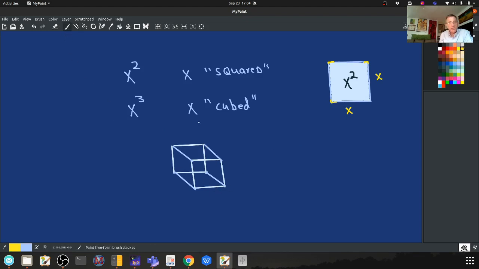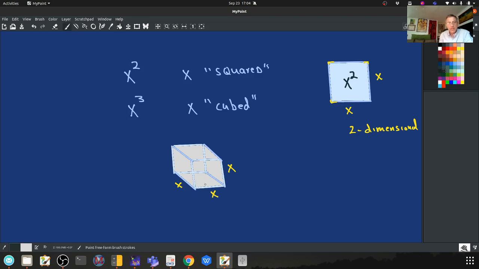So notice there's three dimensions here. There's only two dimensions here. This is a two-dimensional object. This is a three-dimensional object. It has length of x, width of x, and height of x. So its volume, which I have no idea if this will work or not, we'll see. Volume is like filling up everything in an aquarium of that size.